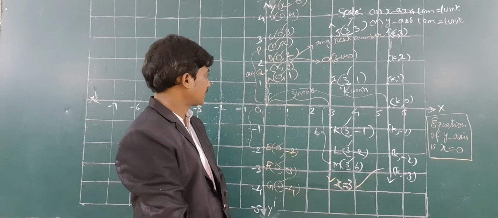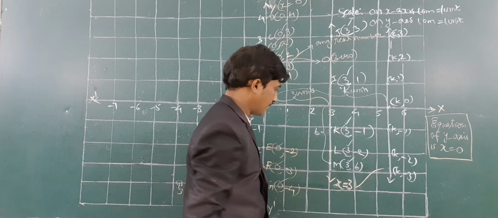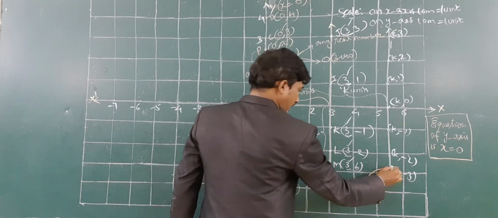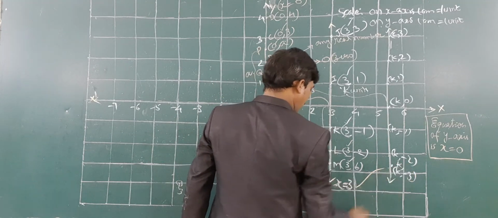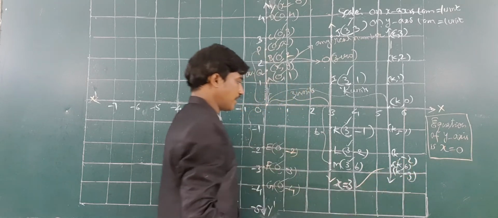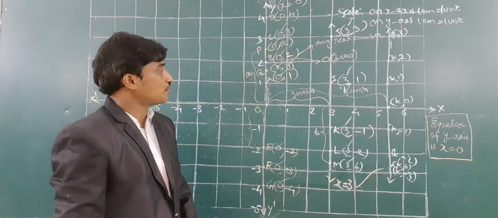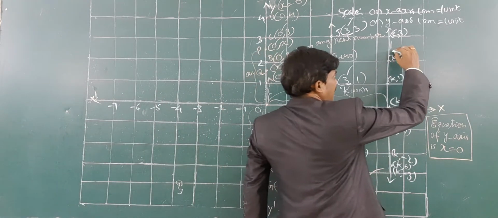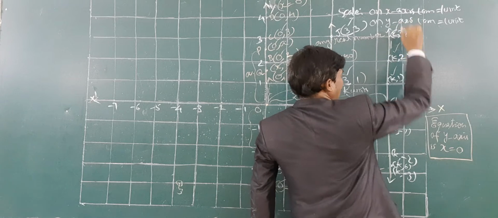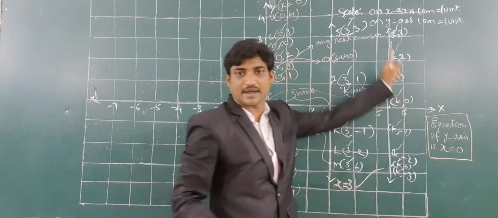Here, we can write another point k comma b, where y coordinate is b. So for every point on this line the x coordinate is k, so we can describe this line.